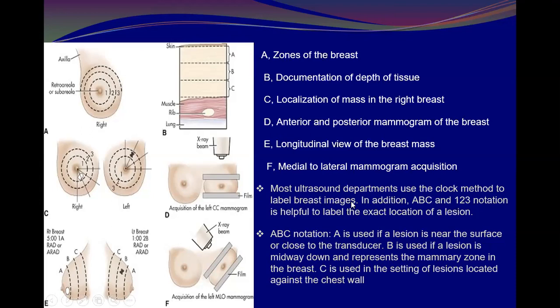Most ultrasound departments use the clock method to label their lesions, along with the ABC depths and 1, 2, 3 annotations, helpful for the exact lesion location. Sometimes it is needed to understand exactly where the lesion is. This is helpful if they would like to take a biopsy or correlate with other modalities, especially in multiple lesions.